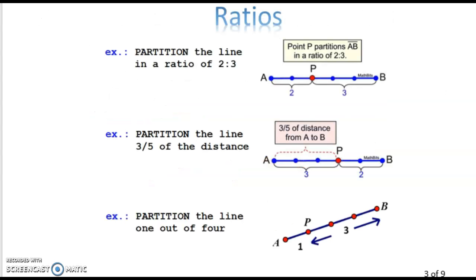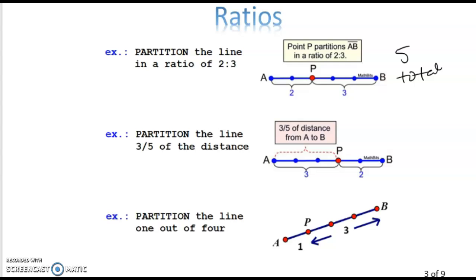So when we talk about ratios, there's different ways that you can represent these ratios. So we can represent it with a colon. That means the left side is 2, the right side is 3, so it's a 2-to-3 ratio. 2 parts to 3 parts for 5 total pieces. You can also represent it as a fraction, 3/5 of the distance.